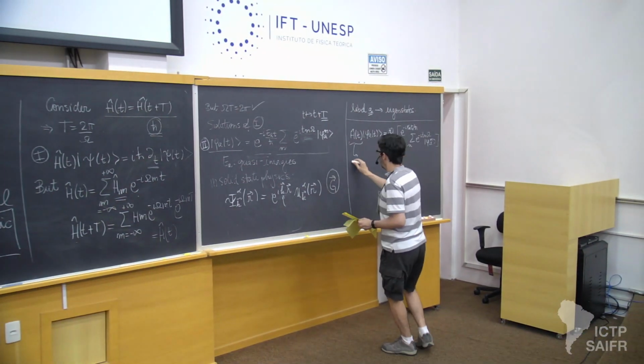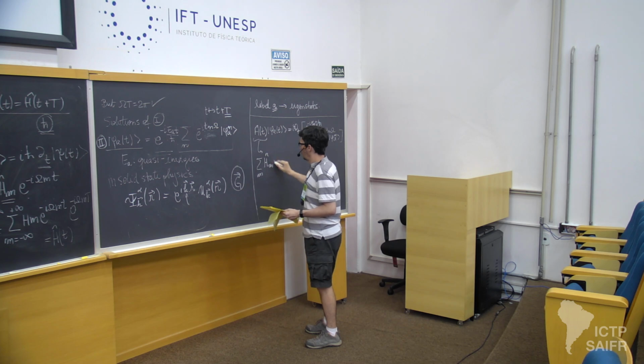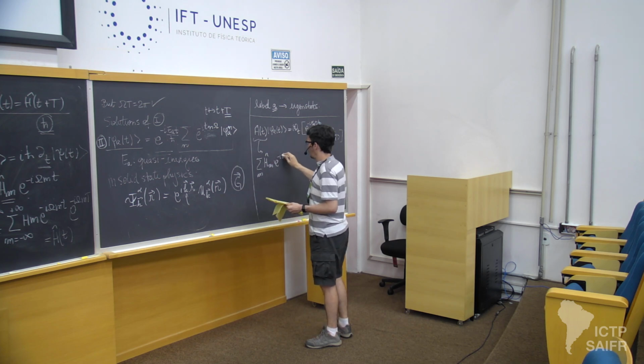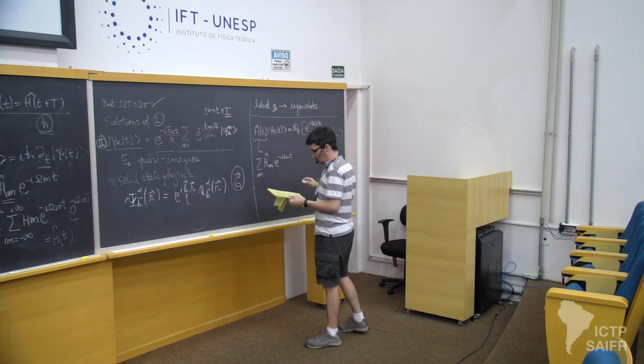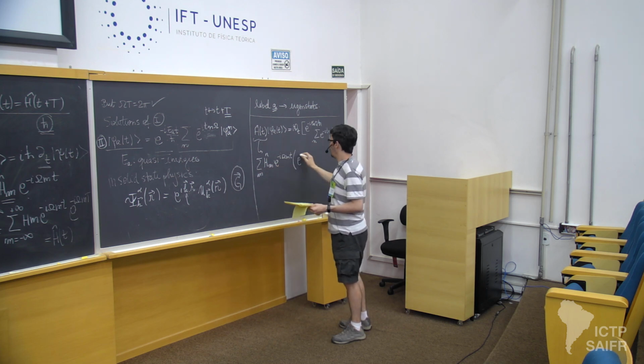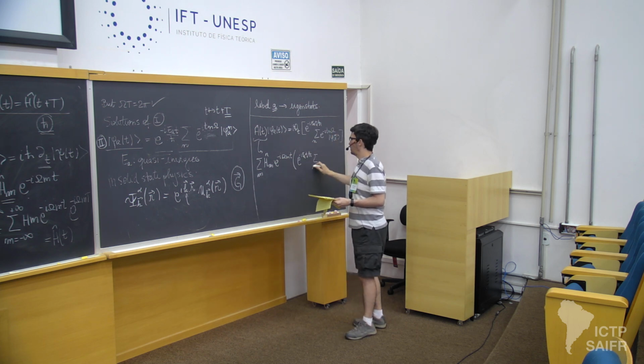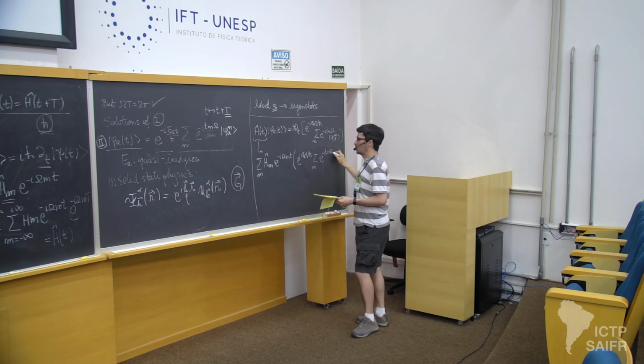So this is sum over m, H m, e to the minus i omega m t, e to the minus i E a t divided by h bar, sum over n, e to the minus i t n omega, phi a n.